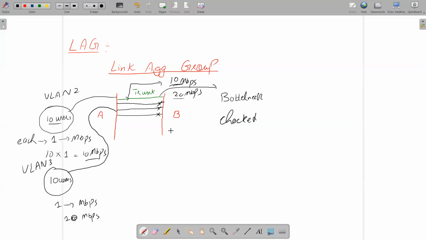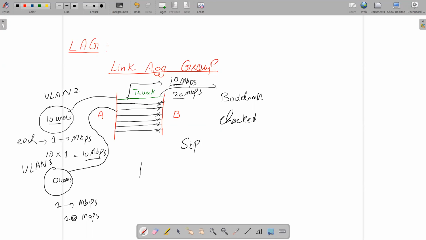That means we need to deceive STP, because if I continue to add multiple links as a backup, STP will do the same job. So what's the solution?